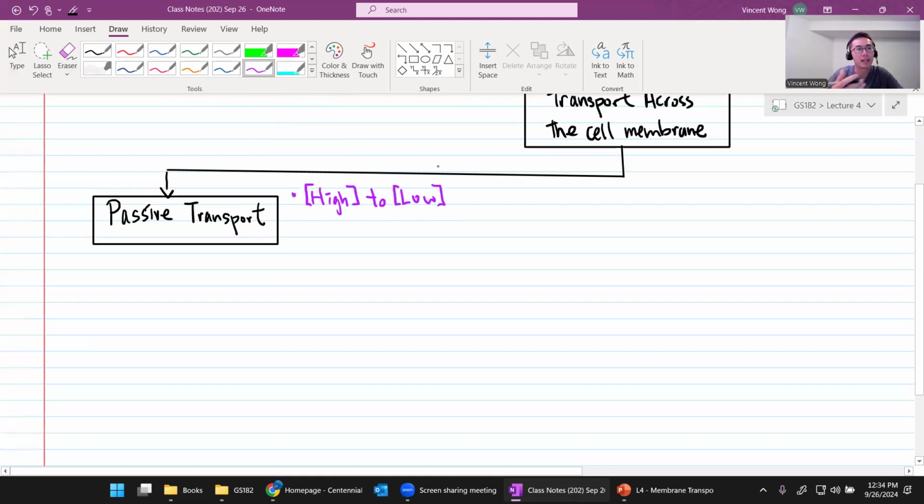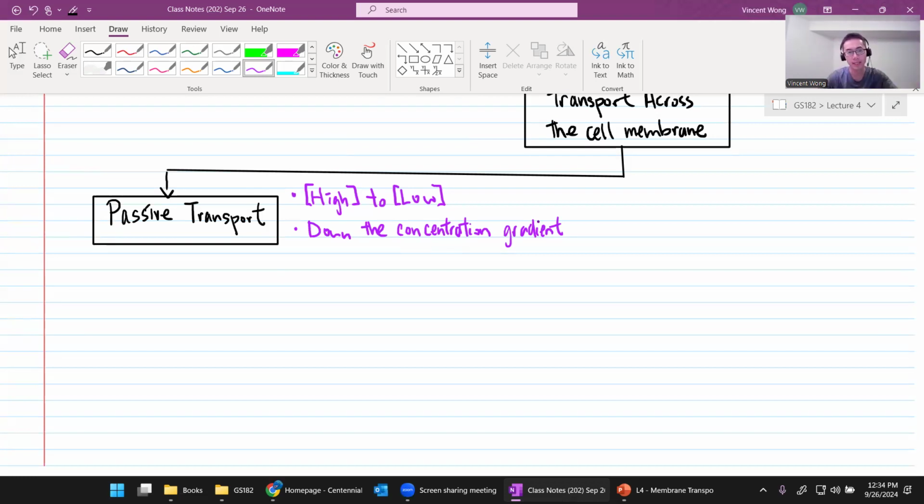We say substances will move down the concentration gradient. If you forgot what a concentration gradient is, it's basically a difference in concentration between two areas. So it's going from high to low.